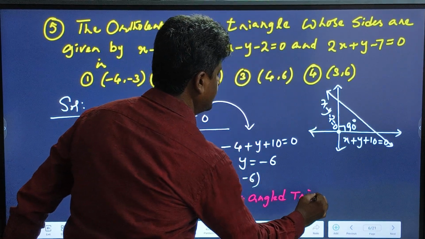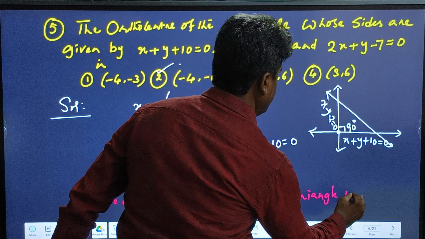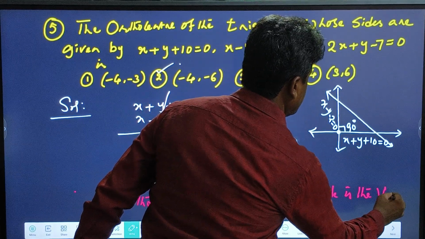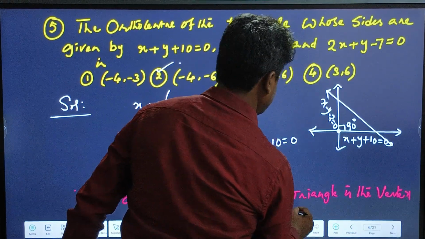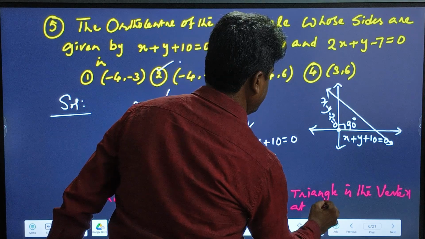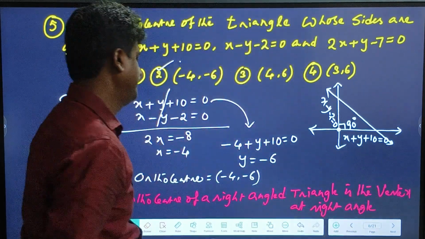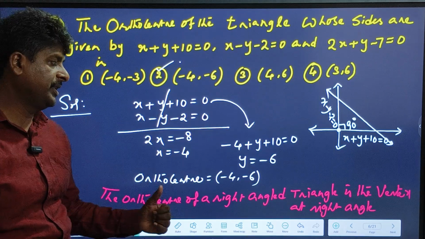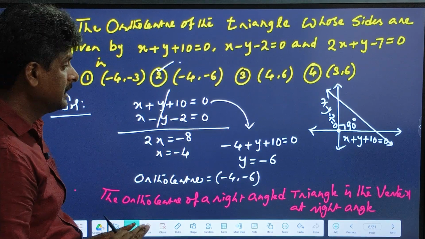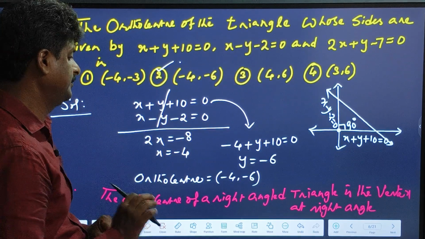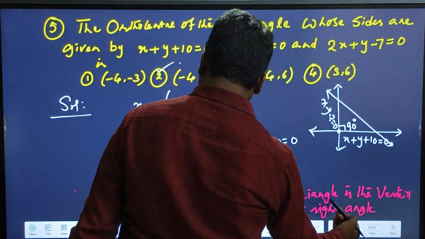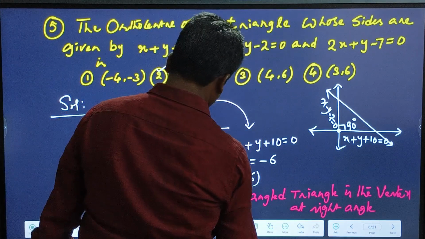The orthocenter of a right angled triangle is the vertex at right angle. Okay. Next problem.